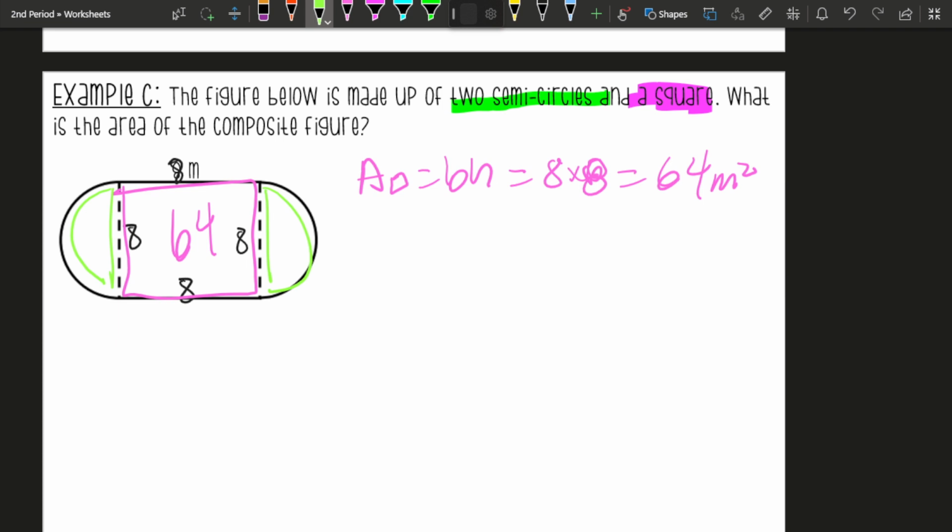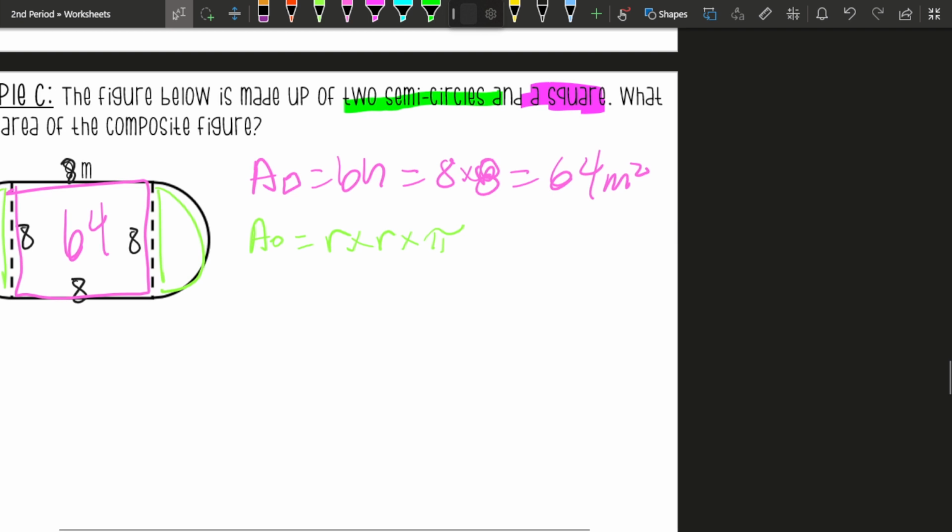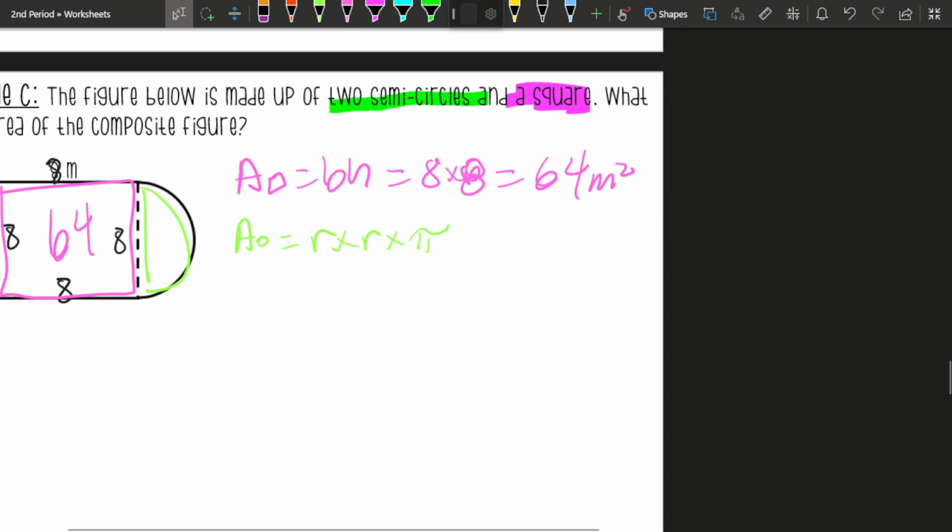Remember, the formula for the area of a circle is radius times radius times pi, but this only works for full circles. In this case, if you only have, for example, that shape right there, that is only showing half of a circle.